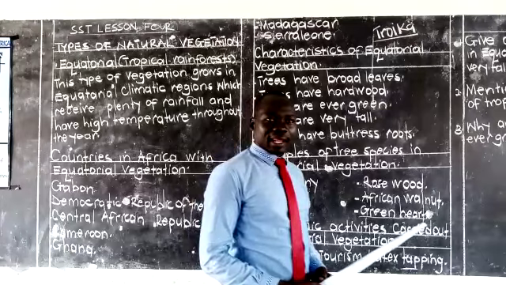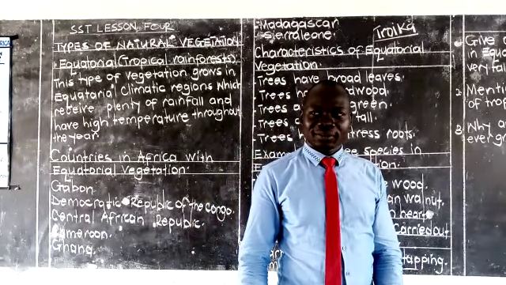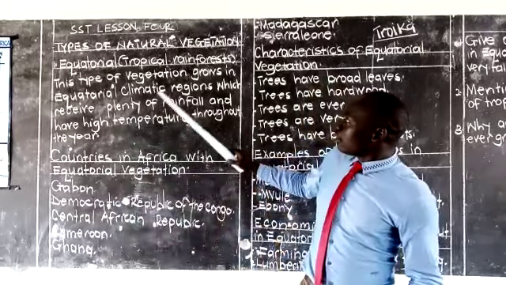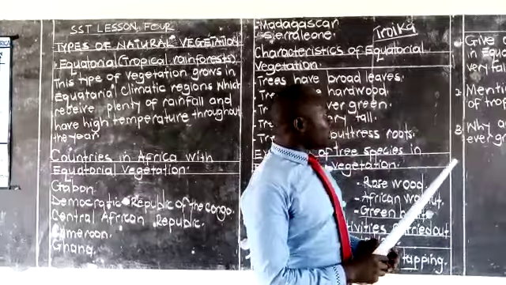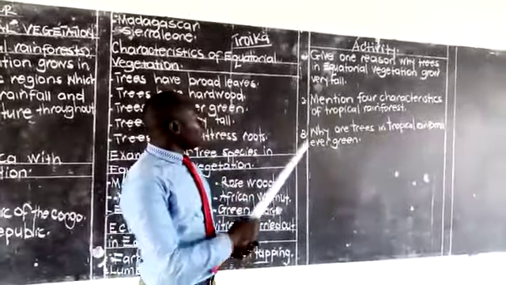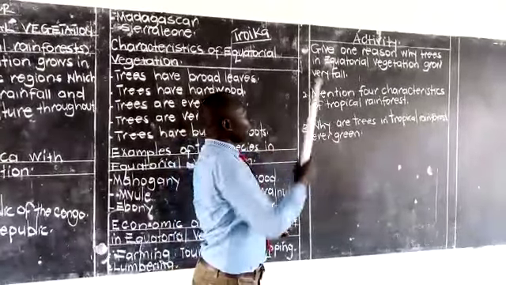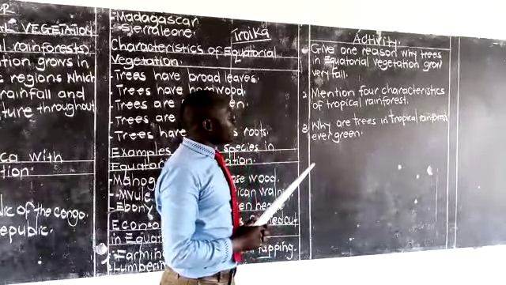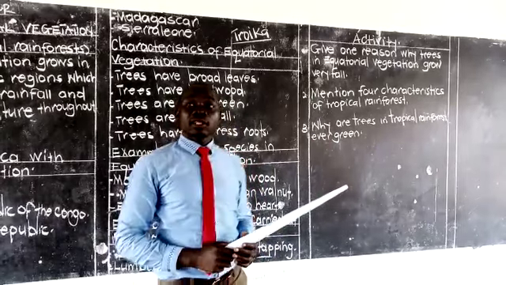So my dear learner, I have work for you to do after this fourth lesson. Our first activity is: give one reason why trees in equatorial vegetation grow very tall.